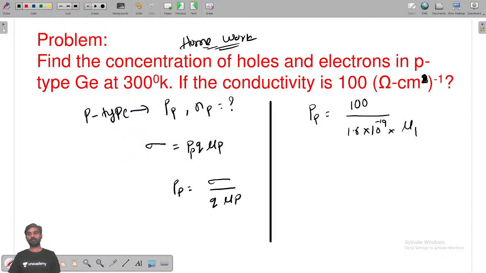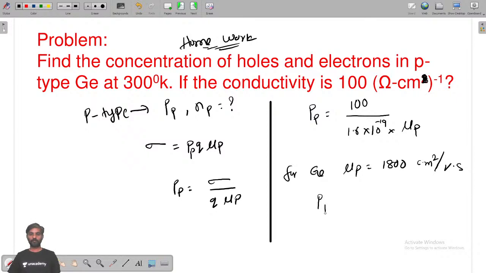What is mu P? For germanium, mu P is 1800. The units are centimeter square per volt second.